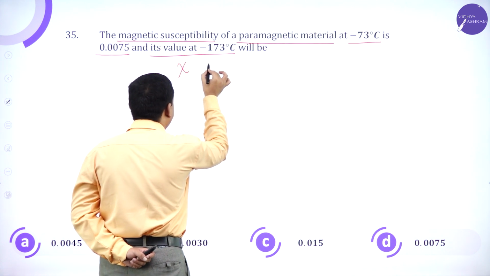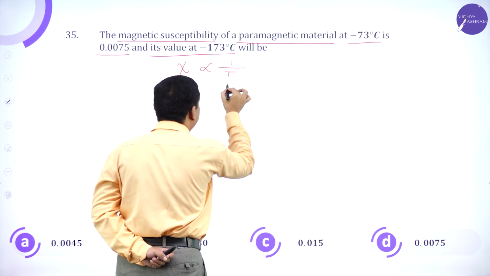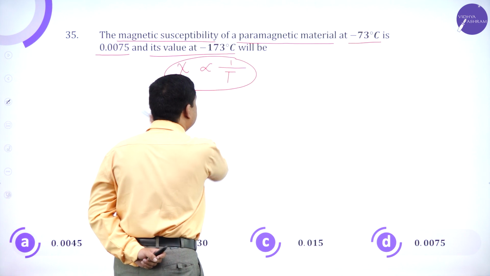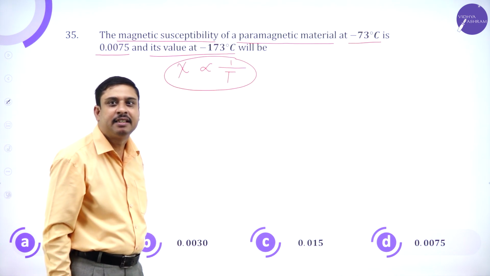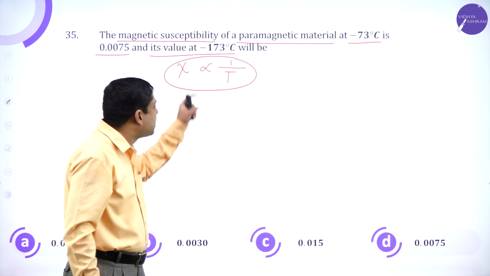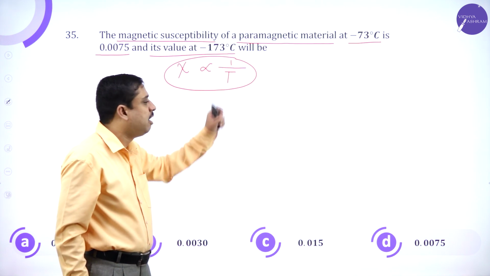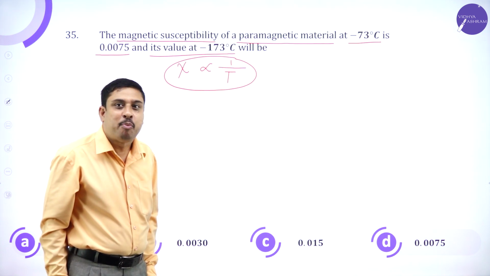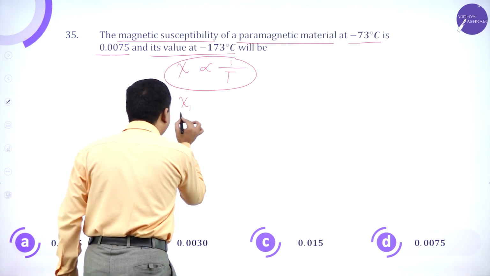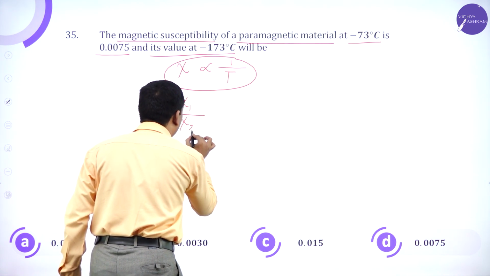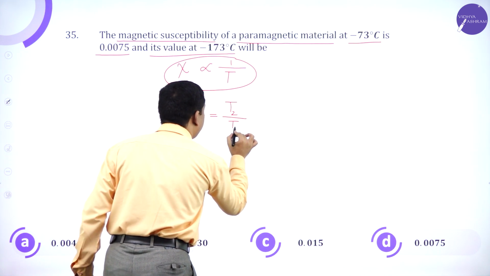Curie's law says susceptibility is inversely proportional to temperature. Chi, susceptibility of a paramagnetic material, is inversely proportional to temperature, which means chi1 by chi2 should be T2 by T1.